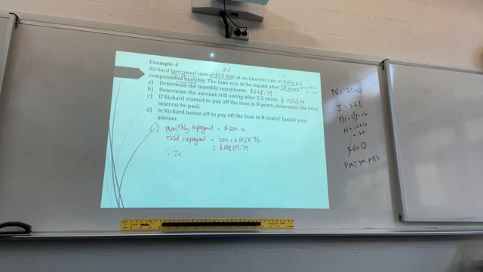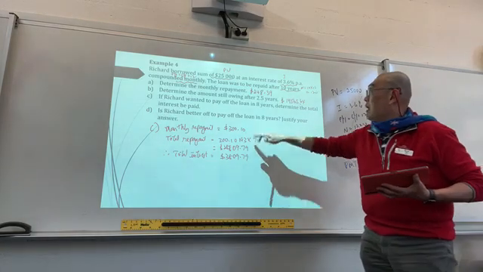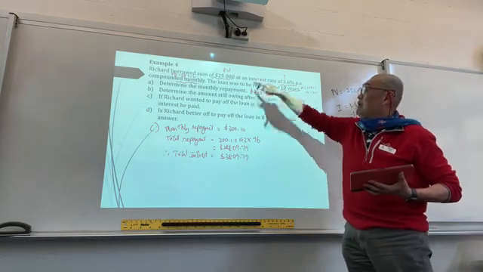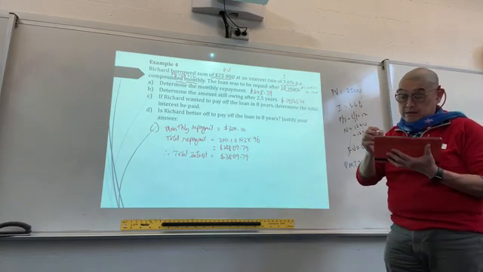Therefore, total interest equals 3,809.79. It's 28,809 minus 25,000.